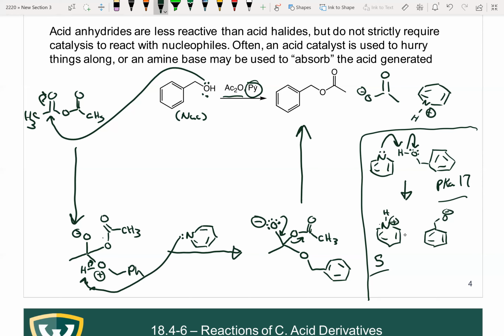So it's too much. Pyridine is too weak a base to deprotonate it. And so that's why we draw the alcohol attacking before it's deprotonated. This tetrahedral intermediate down here will have a pKa of about -1, -2, -3. It doesn't really matter. It's a much stronger acid when it has this extra oxygen-carbon bond.